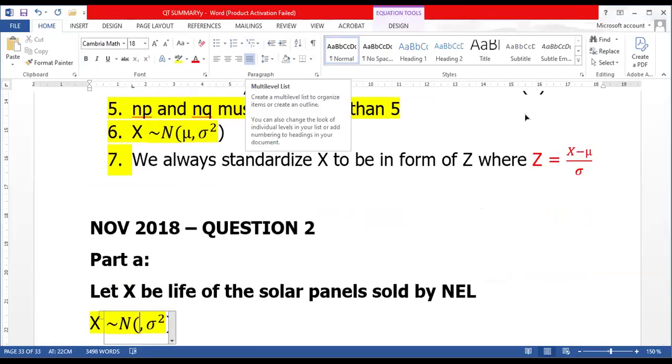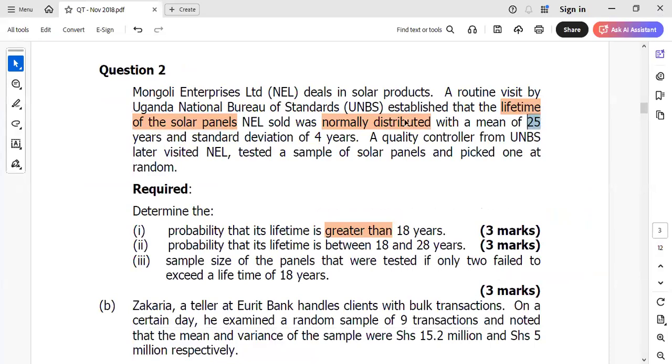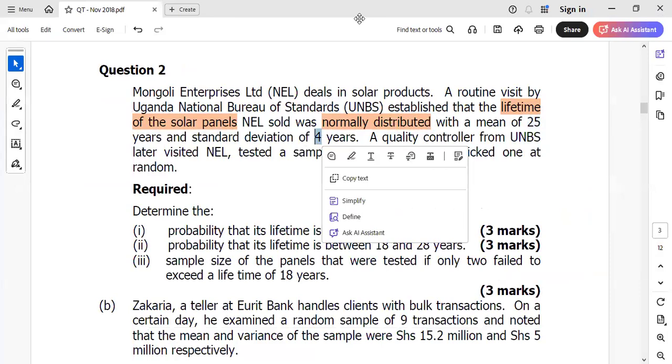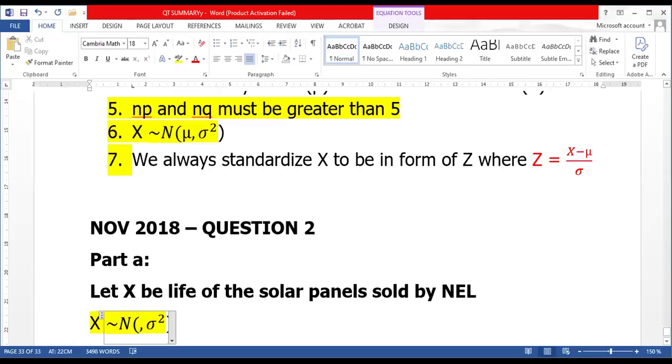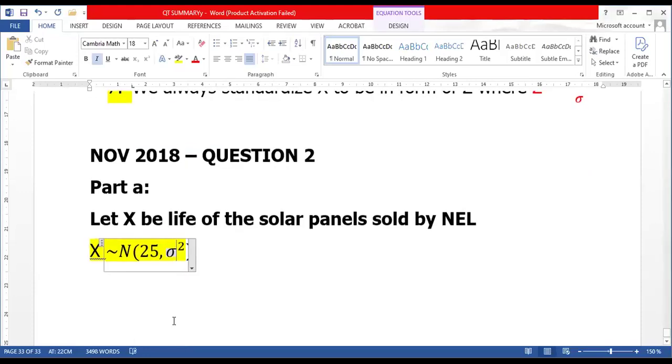Isn't it 25? And you have the standard deviation as 4. So that is sigma. So you have the mean as 25. Then sigma alone is the standard deviation, which is 4. But if you square it, you get the variance.